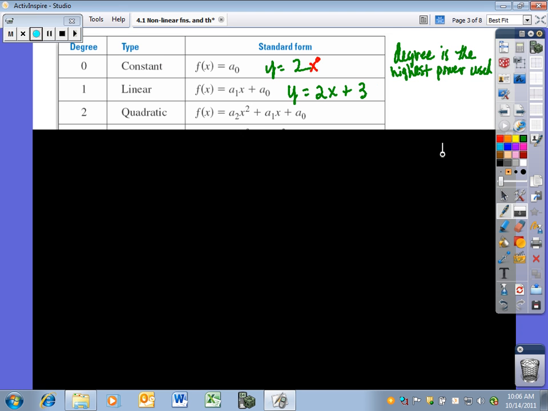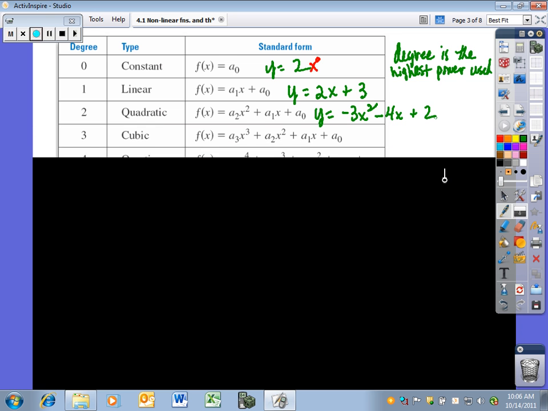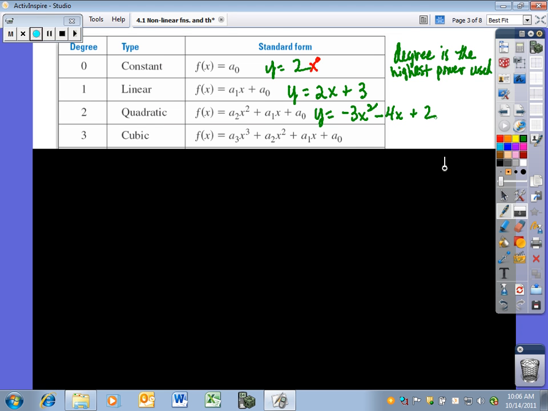A degree of 2 we call quadratic, and it would look like y equals negative 3x squared minus 4x plus 2. A degree of 3 we call cubic, and they would look like y equals 3x cubed plus 4x squared minus 2x plus 1.